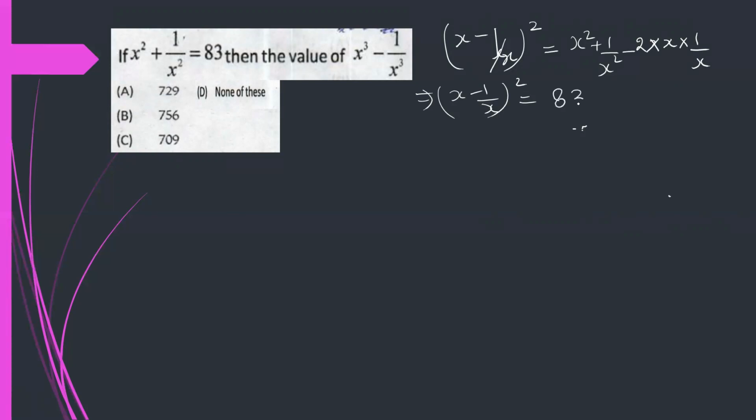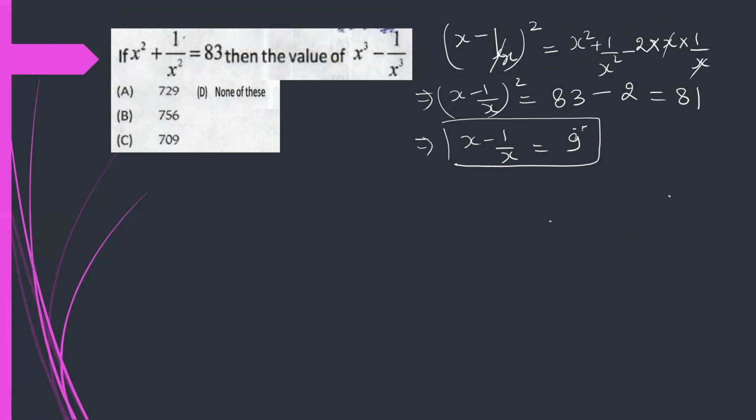It's 83, provided in the question, minus 2, because x gets cancelled. You are left with 81, right? So that means x minus 1 over x will be equal to 9. So this is the value you are getting.